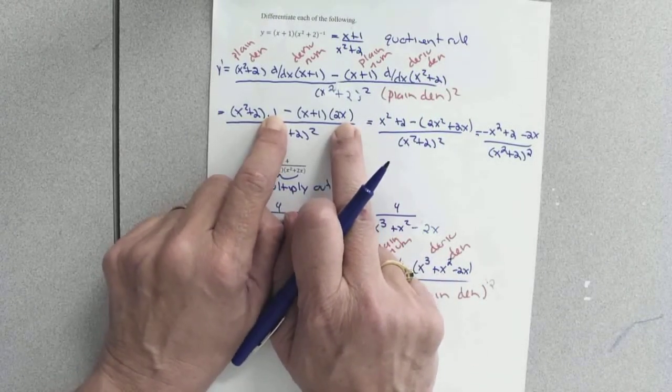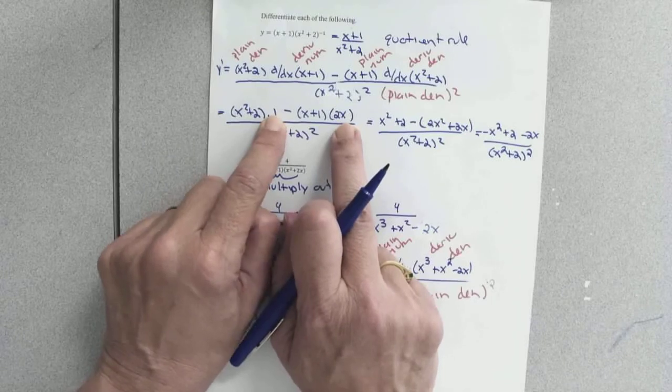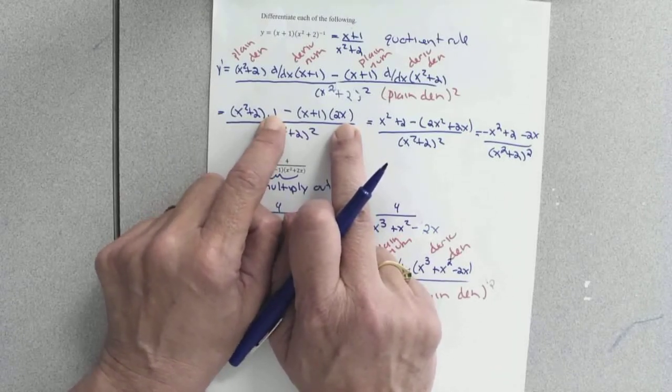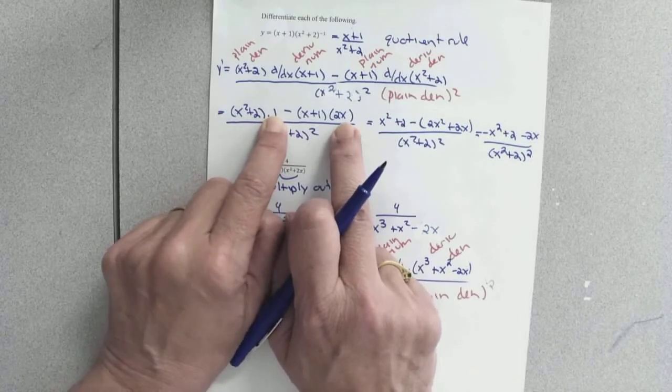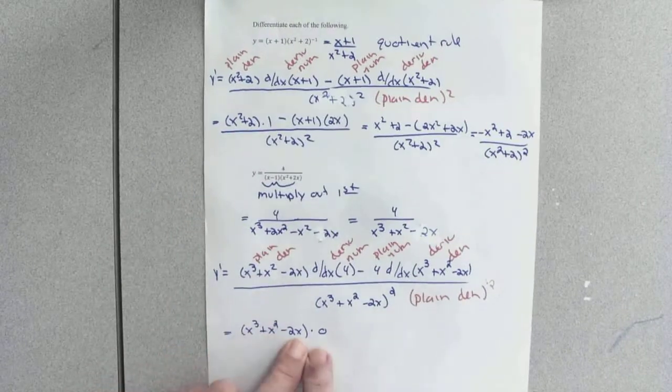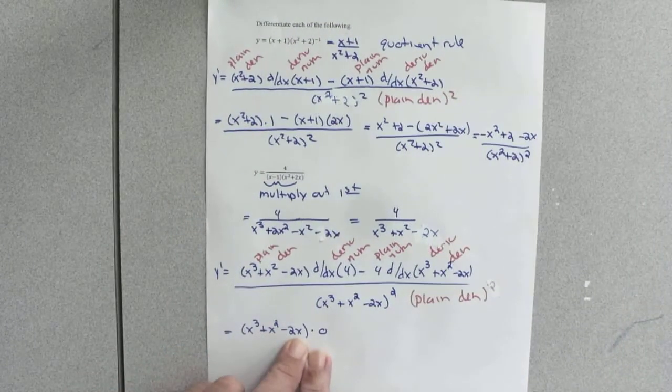I didn't write the plus zeros because they were plus. And if they'd been minus, I wouldn't have to write them either. Plus 0 or minus 0 doesn't change the game, doesn't add or subtract anything. Here, it's times 0. And so the 0 is hugely important here.